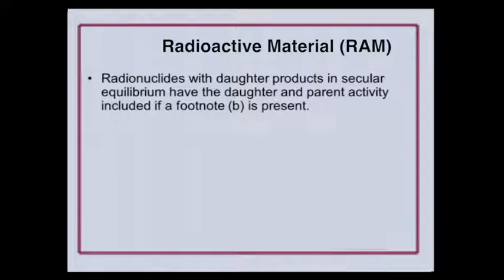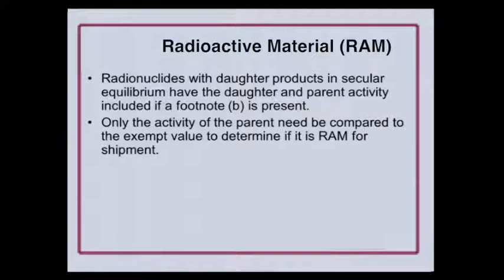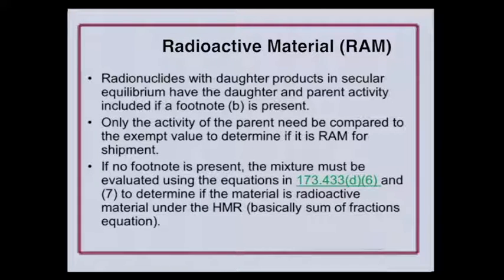This gives us the little thing about the secular equilibrium. If the footnote is present, only activity of the parent needs to be compared to the exemption to determine if it's radioactive material for shipment. If no footnote is present, then you go to this section and it provides a very simple explanation on how to come up with the value.